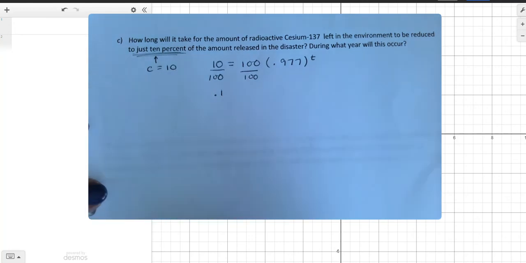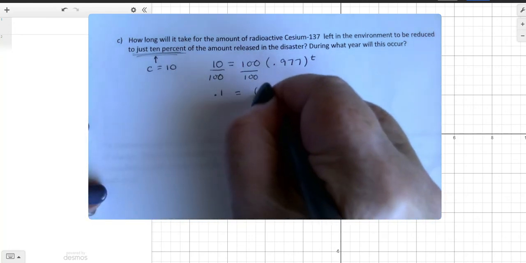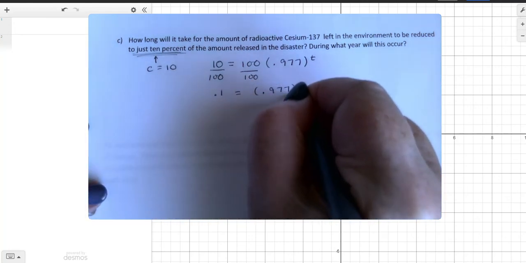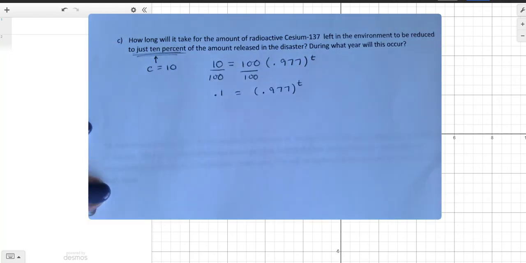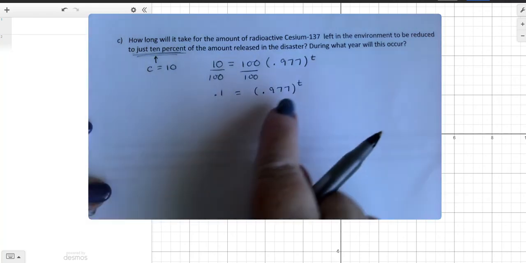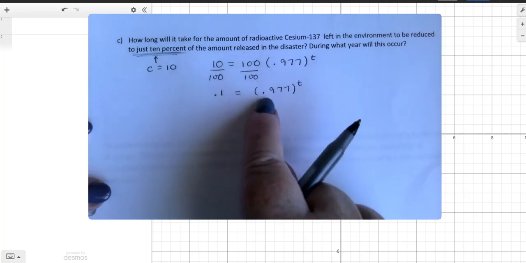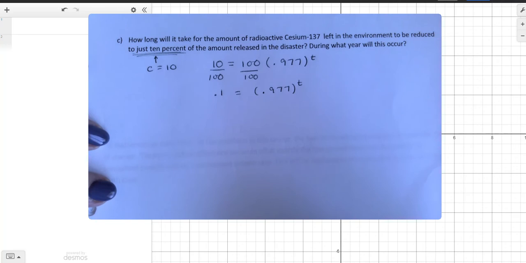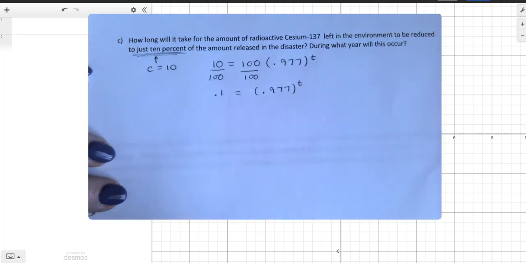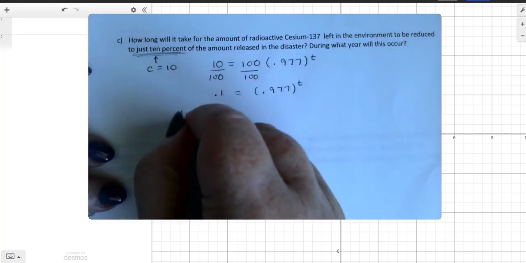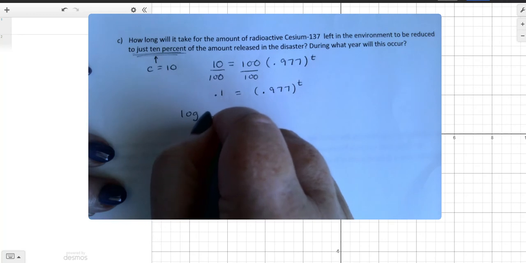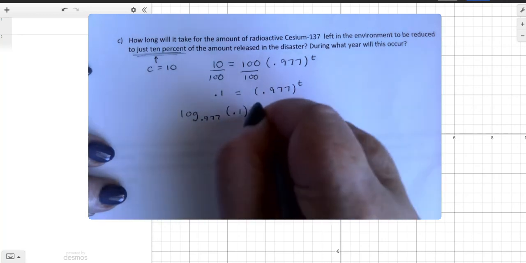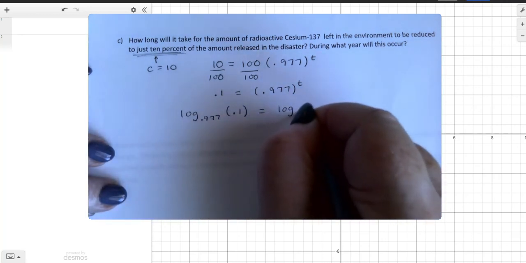So 1/10 or 0.1 equals 0.977 to the t power. To get to t, I need to get rid of the exponential, 0.977, and the inverse function for that would be a log, base 0.977. So I'm going to apply that log to both sides.